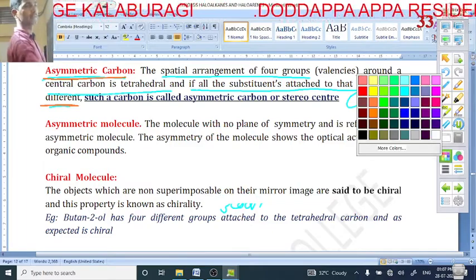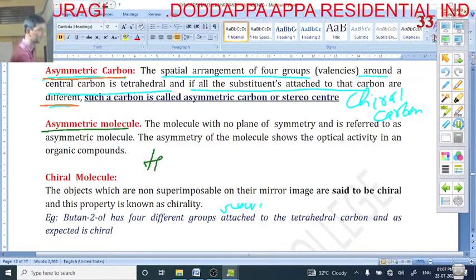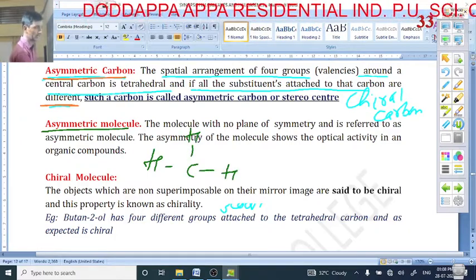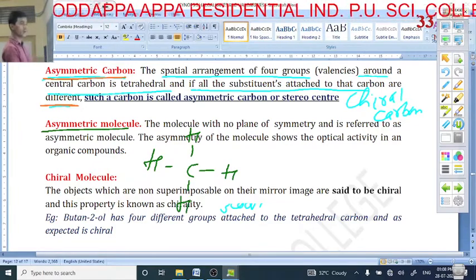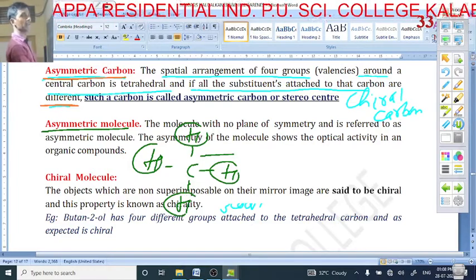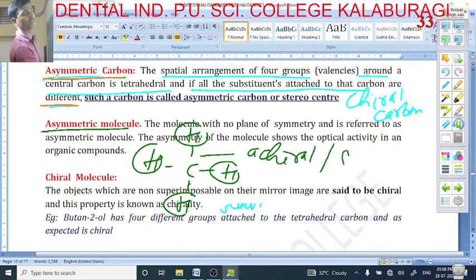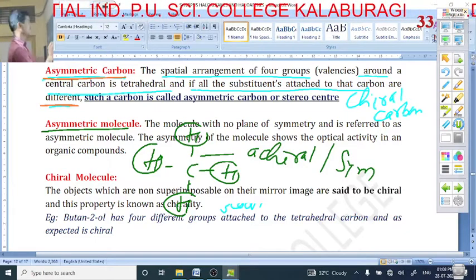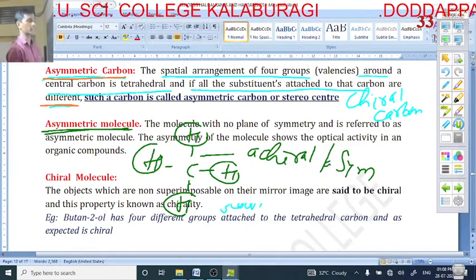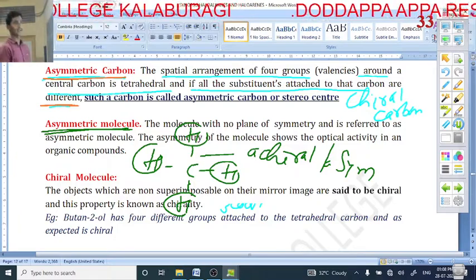Next I am discussing the symmetric molecule. Here I can write C with H, H, and H, where the groups are all the same. It is also called symmetric. A molecule with no plane of symmetry is referred to as asymmetric.